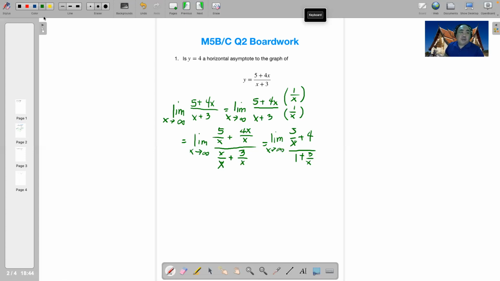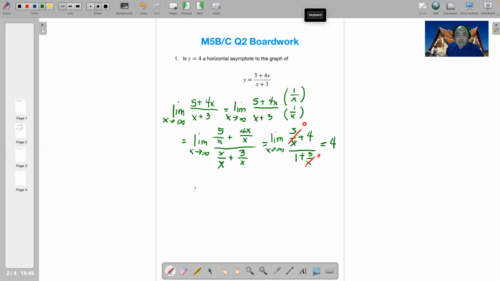We know that 5 over x will eventually be 0, and likewise 3 over x will also be 0, which leaves us with 4 over 1, or 4. The limit of the function 5 plus 4x all over x plus 3 as x approaches infinity is 4. So we have satisfied already one condition of the definition of horizontal asymptotes.